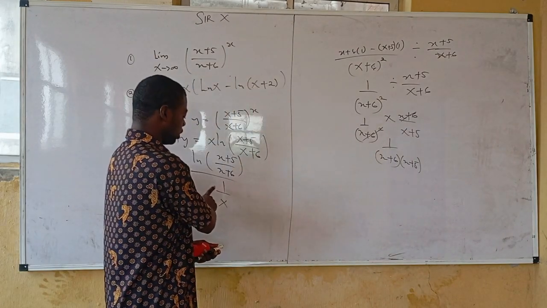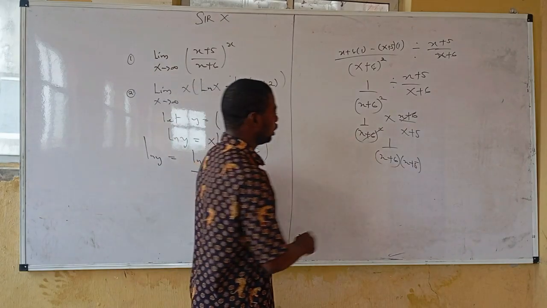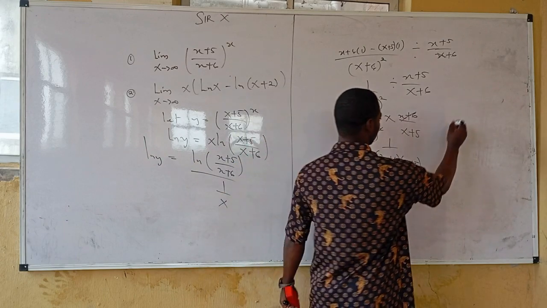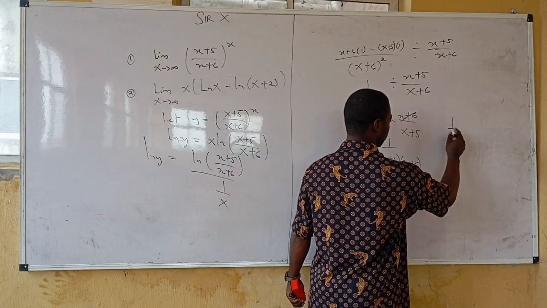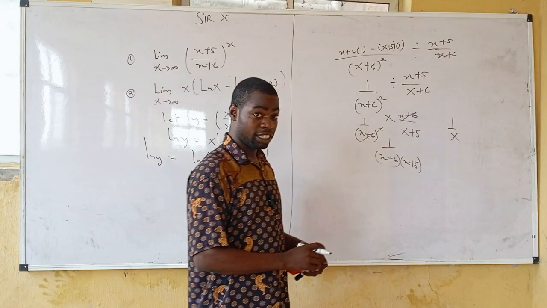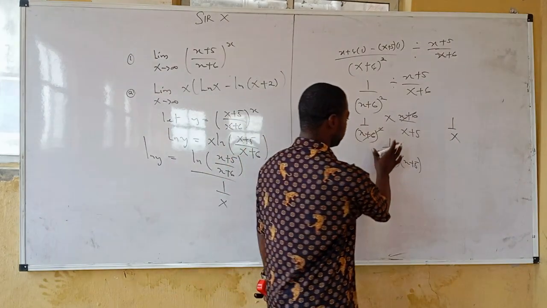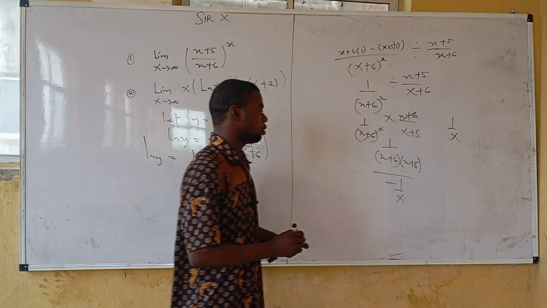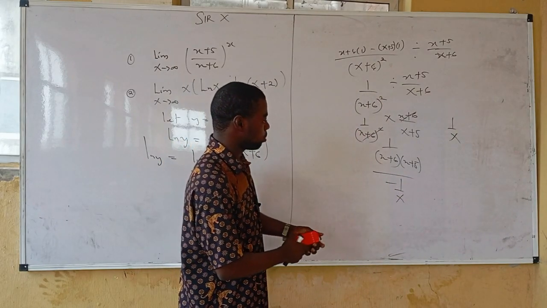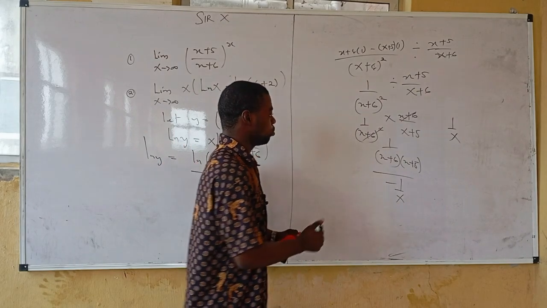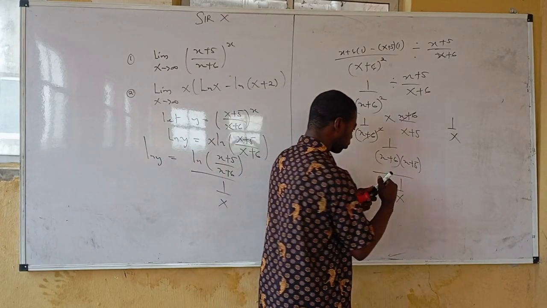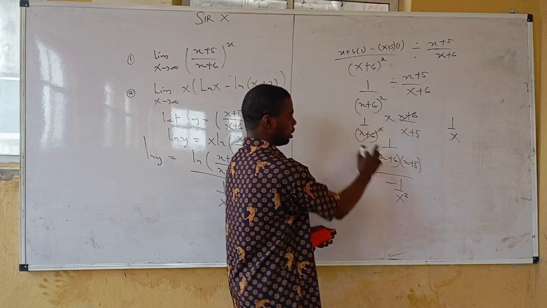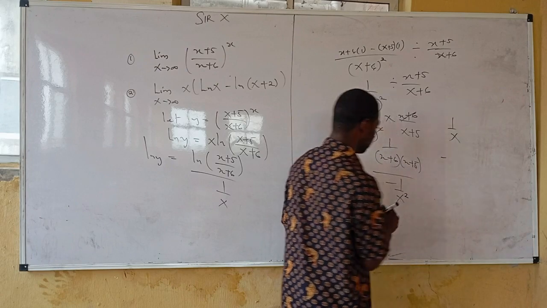And if we differentiate 1 over x, we will get negative 1 over x squared. So dividing this by negative 1 over x squared, this is what we'll get, which is finally equal to negative x squared over (x+5)(x+6).